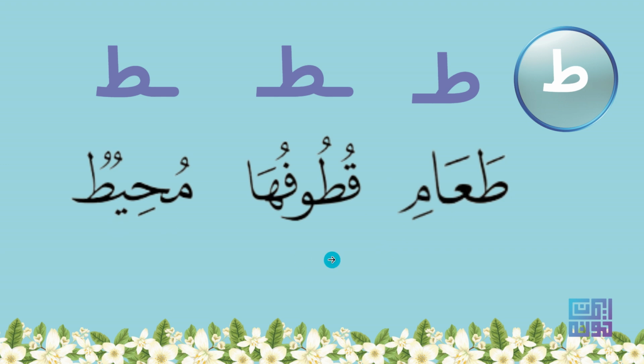So remember, the letter sad and dad, they have this shape at the end, while the letter ta and dha, they have this stick at the end, but without a tooth. When they are connected, there's no tooth after them.